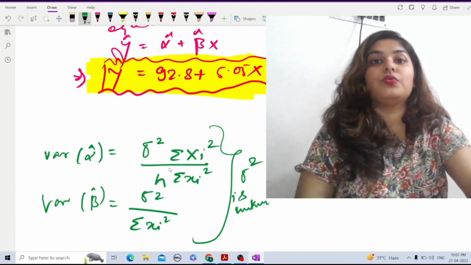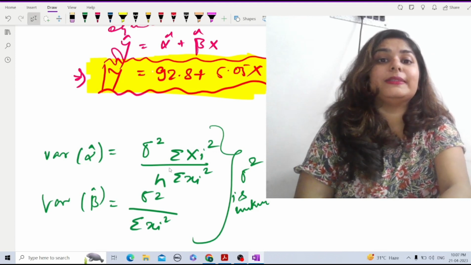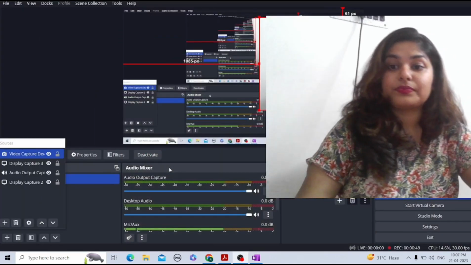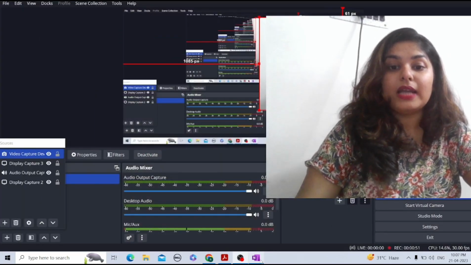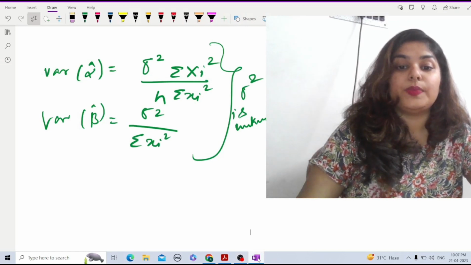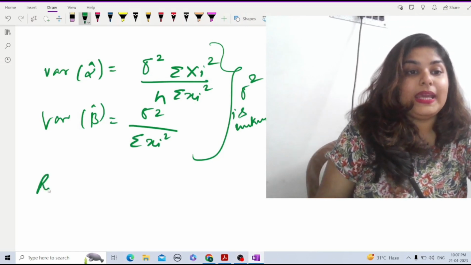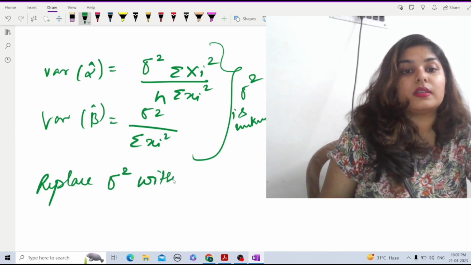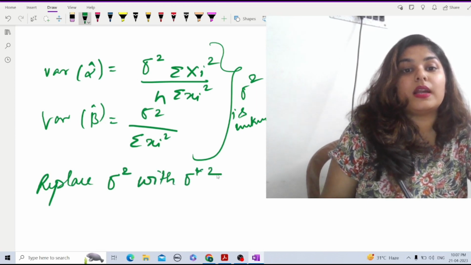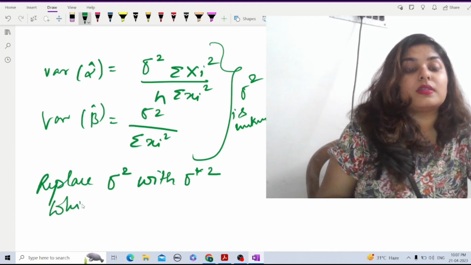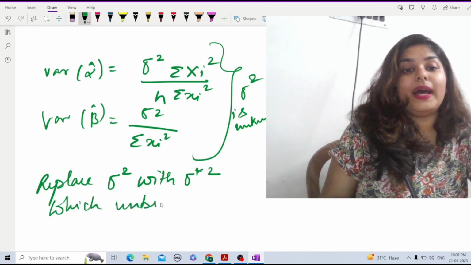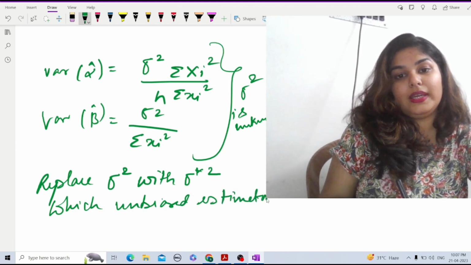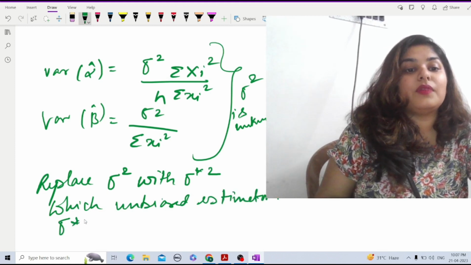So for that I'm going to use the unbiased estimator, right? So the unbiased estimator here is going to be replace sigma square with sigma star square, which is unbiased estimator, right?